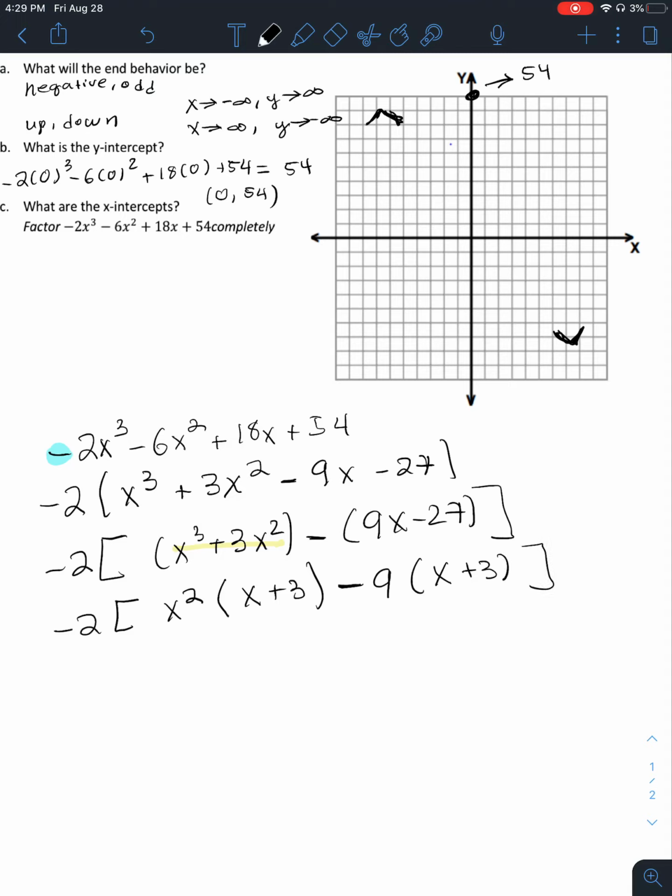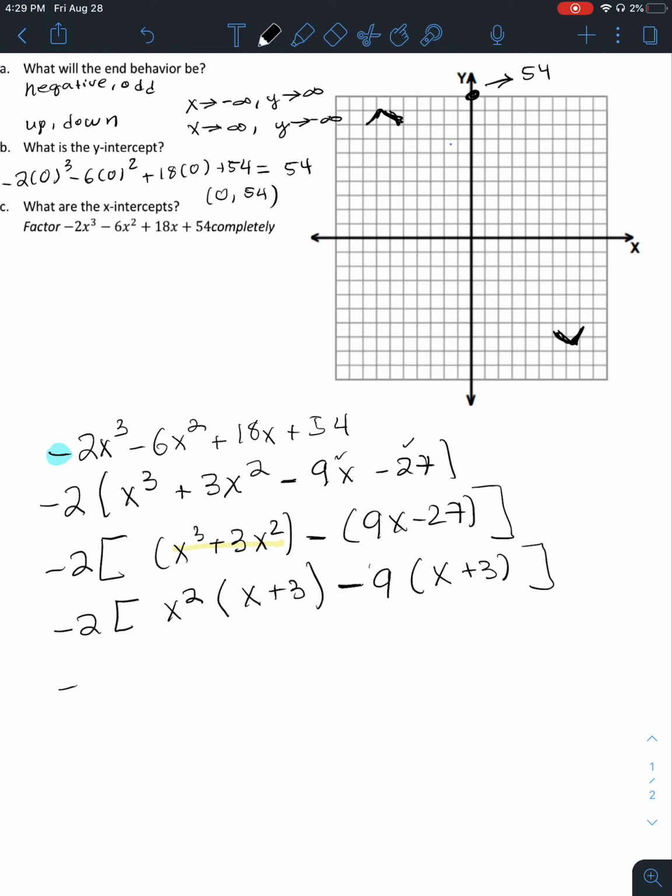So if you're thinking, how did he just do that? Just remember, -9 times x is -9x, which is what we had over here. And -9 times positive 3 is a -27, which we had up there.